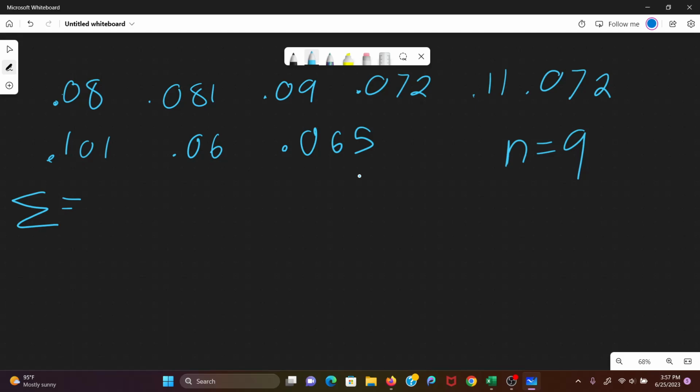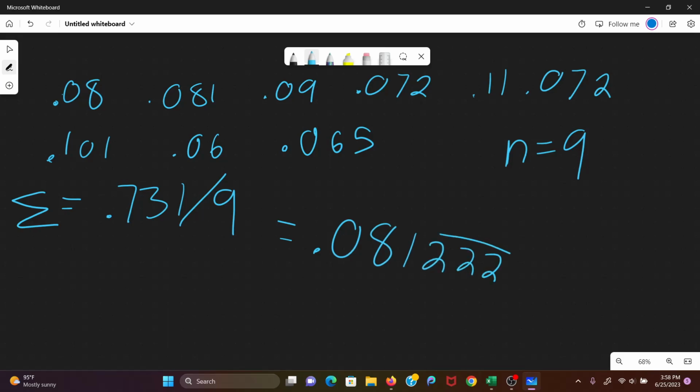That equals 0.731. And we're going to divide that by 9. 0.731 divided by 9 equals 0.0812222 repeating.